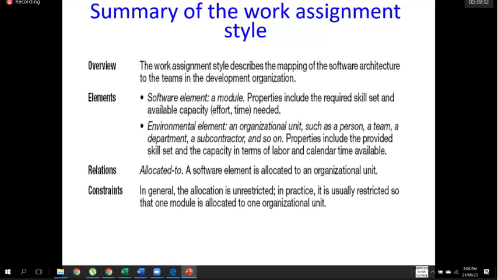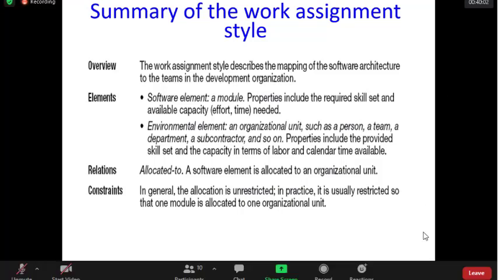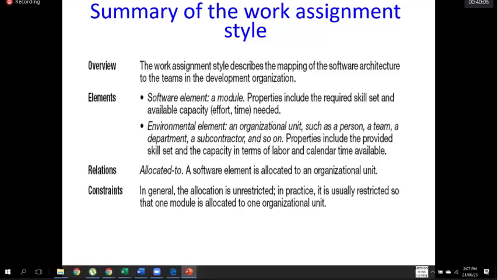Elements are the software modules, software code, maybe design aspects, whatever it is. Then other environment entities like the people, the individual groups, organization units. It could be a team or an individual person, or it could be something that you outsource or subcontract.